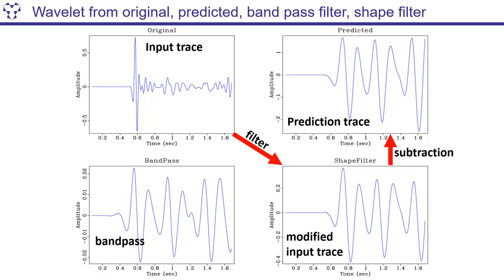Instead, this matching filter is applied to the input data to match the predictions. Right? So when we do that, we can now compare the predicted trace with the modified input trace. And you can see why the simple bandpass didn't work, because there are many differences in the resulting trace. So that is why the shaping filter in this case is a better choice.